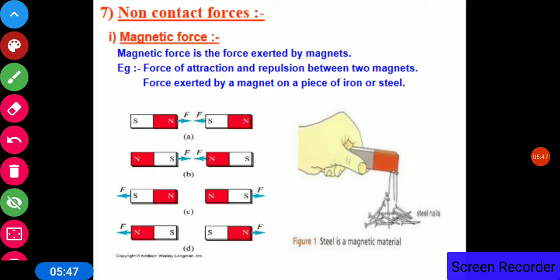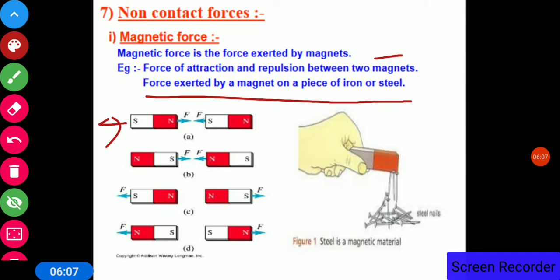Now, non-contact forces. Magnetic force is the force exerted by a magnet. For example, the force of attraction and repulsion between two magnets, and the force exerted by a magnet on a piece of iron or steel. From this figure, you can see that if you bring the opposite poles of magnets near each other, they attract.